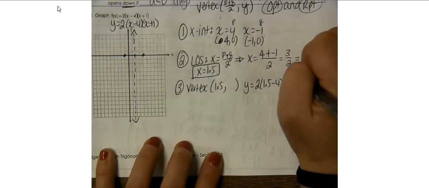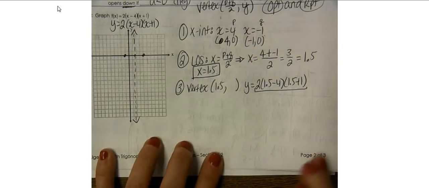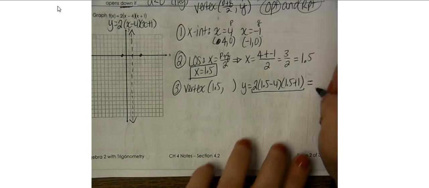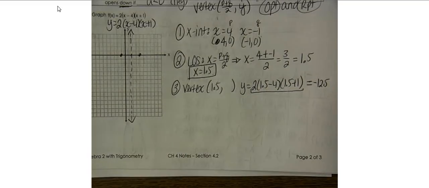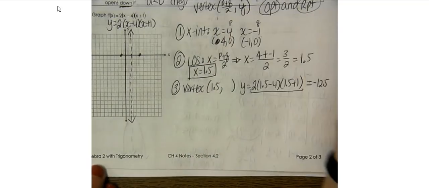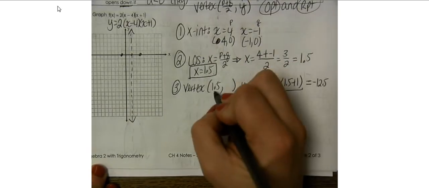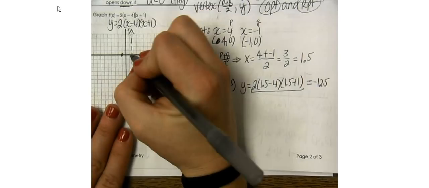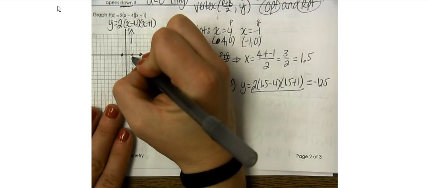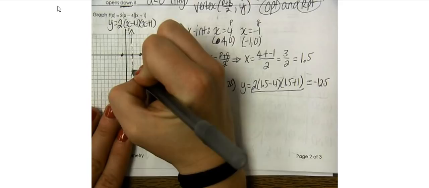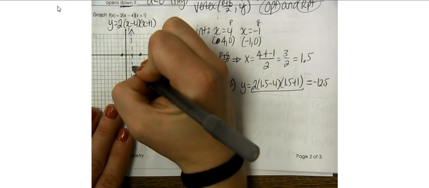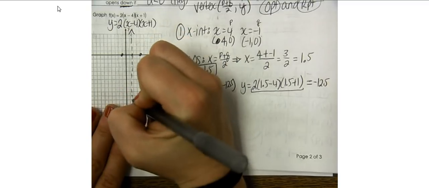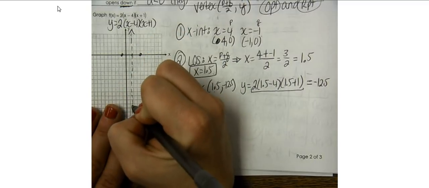You can put this expression into your calculator exactly as you see it, and you end up with the value of negative 12.5. So I have the vertex of 1.5, negative 12.5, and I'm going to plot my vertex. Here's where negative 12.5 is.